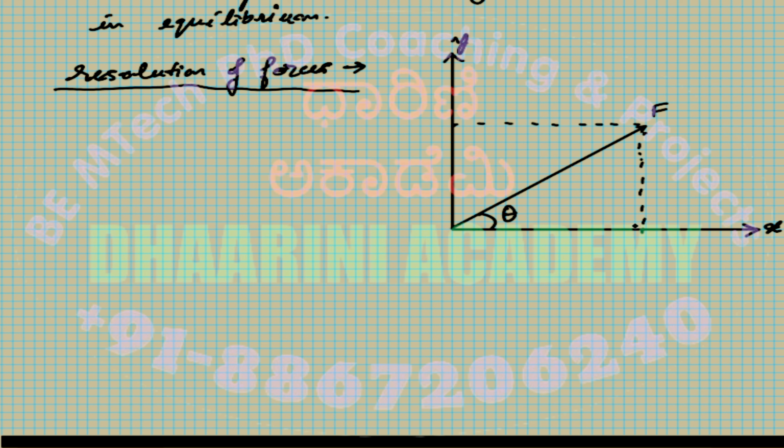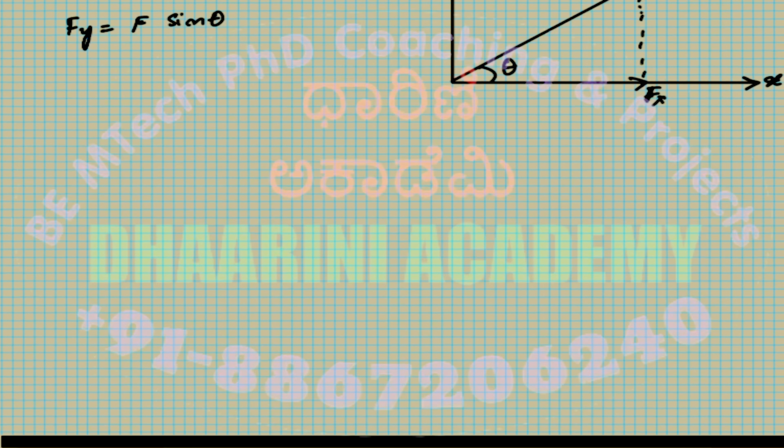We can split this into two parts: the component of the force along the x-axis and the component of the force along the y-axis, Fx and Fy. If the angle is given with respect to the x-axis, then Fx becomes F cos theta and Fy becomes F sine theta. This is the first concept.